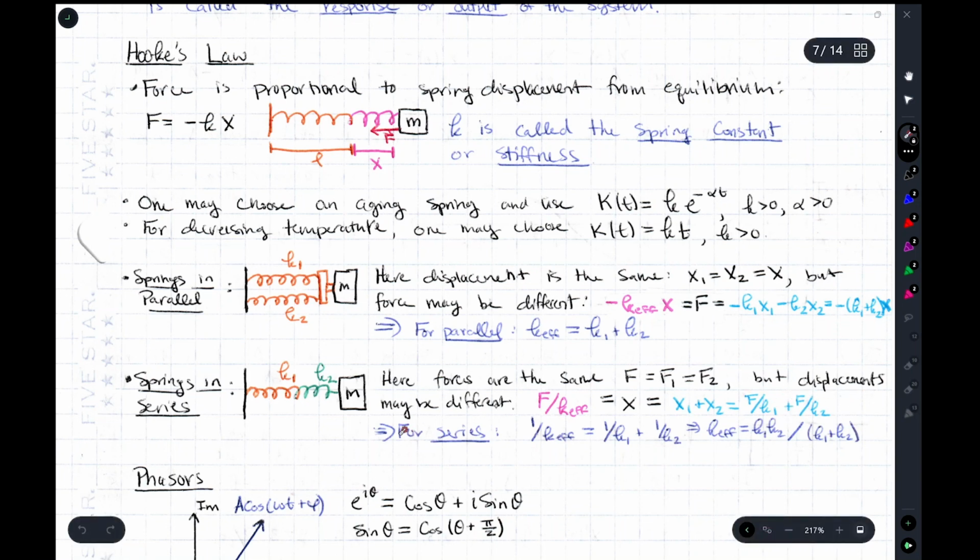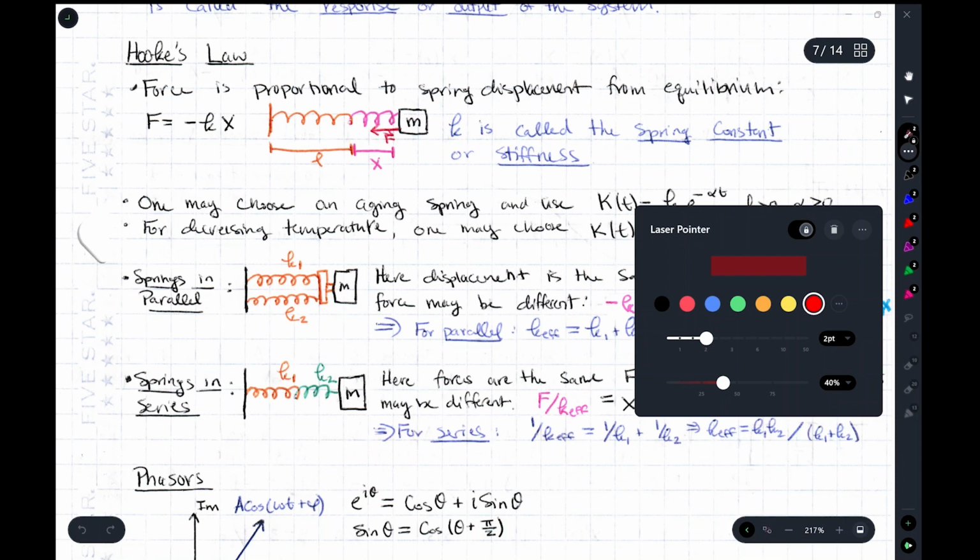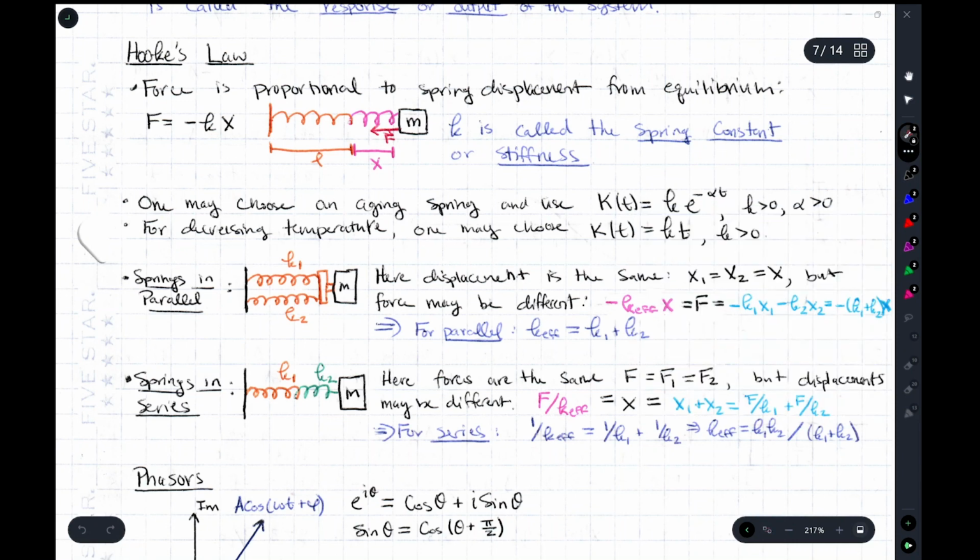So the displacements are different, but we do have that the total displacement is x. If we have a natural length for both of these springs together, and we extend away from the natural length of both of those springs together, that natural length of both springs will be the sum of the natural lengths of each spring.